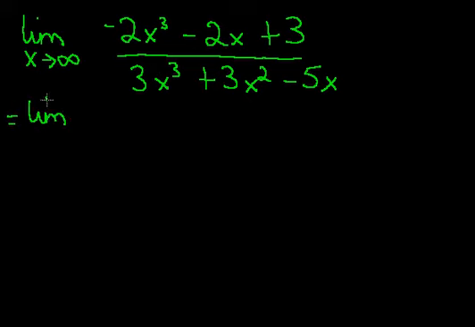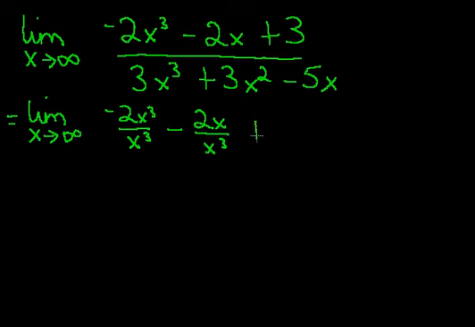So let's do that. This equals the limit as x tends to infinity of negative 2x cubed over x cubed, minus 2x over x cubed, plus 3 over x cubed.